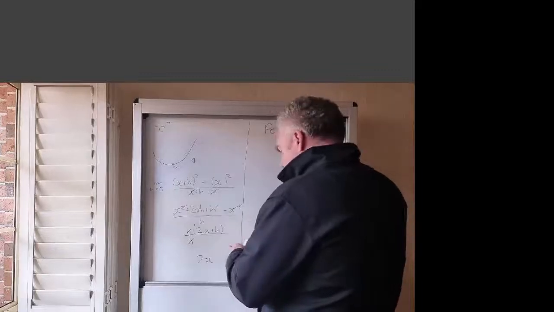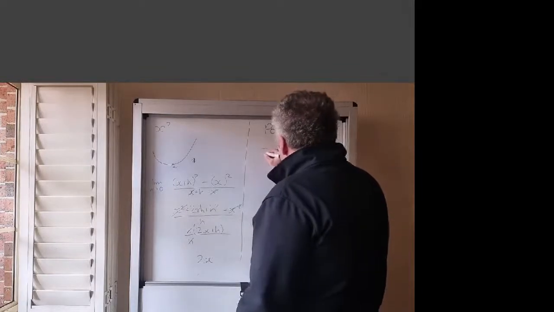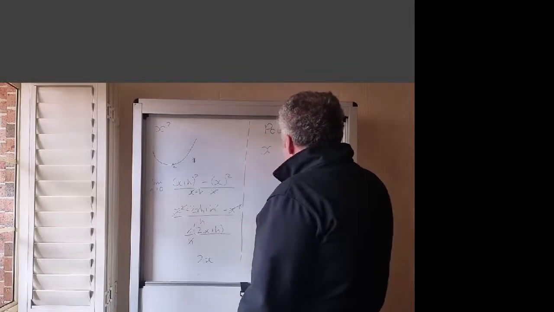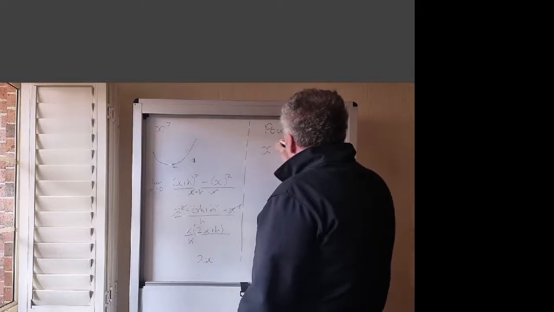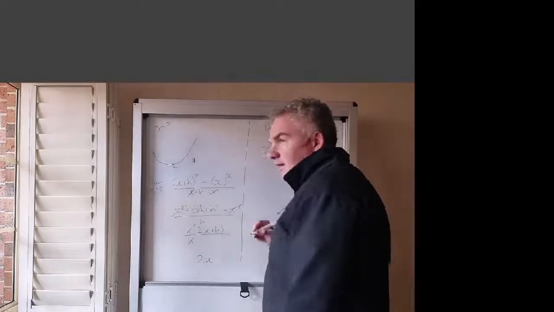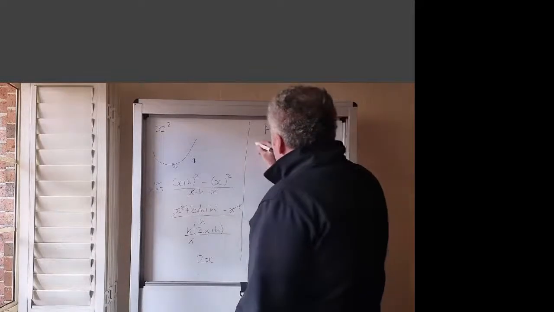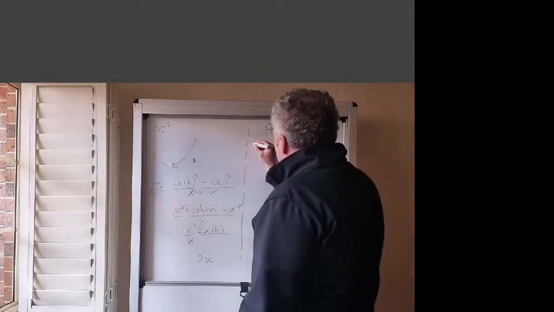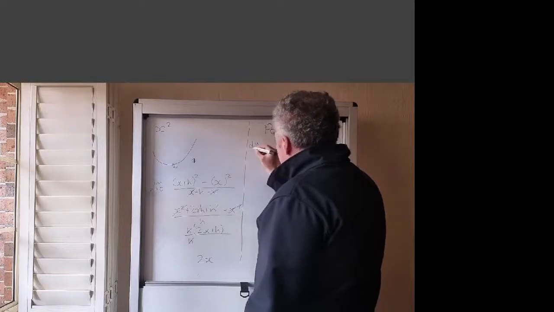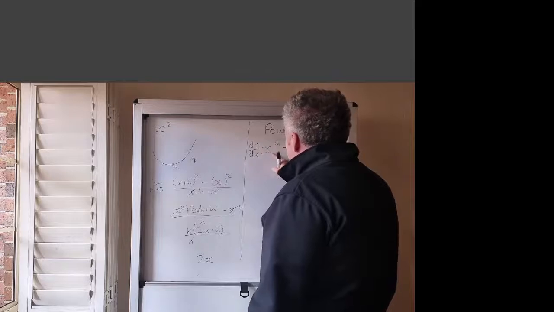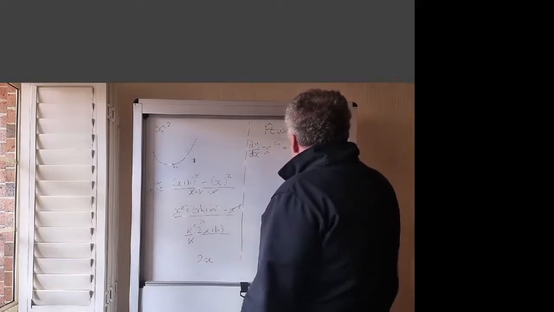works for powers. So it should be x to the a, where a is a number. The derivative, so dy/dx of x to the a equals a x to the a minus 1.